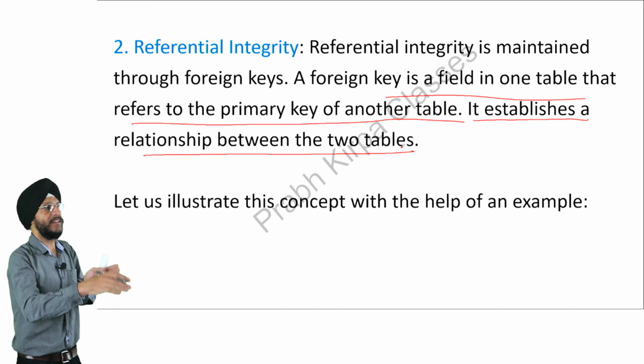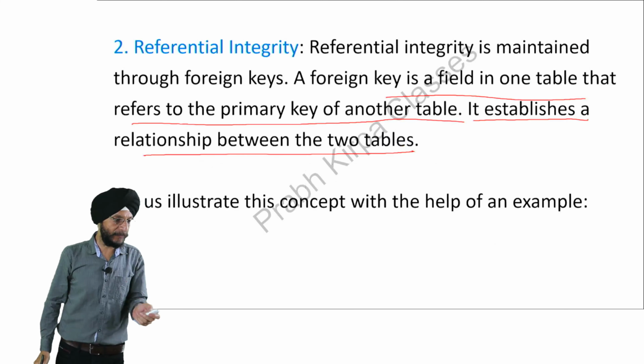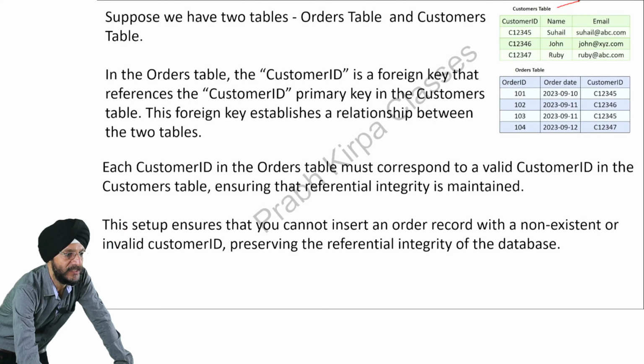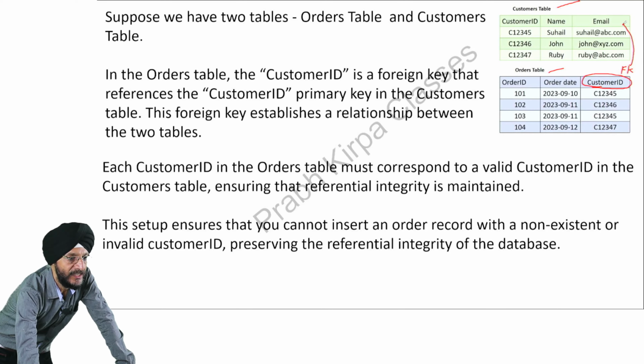We will understand this concept with the help of an example. Suppose you have two tables. One is customers table, another is orders table. In the orders table, here you will see the customer ID. It is the foreign key which has the relation with another table, that is the customers table.